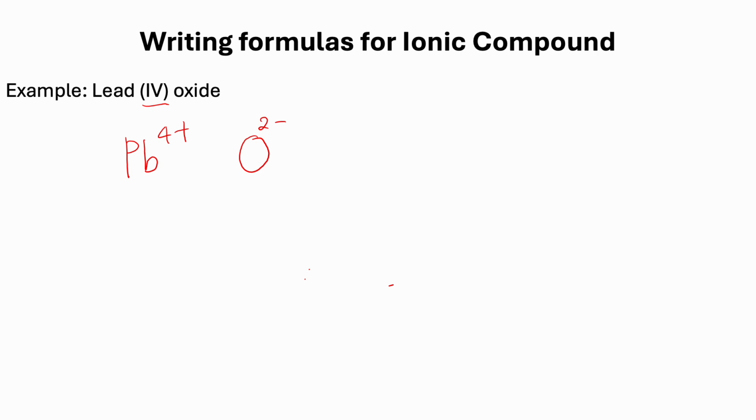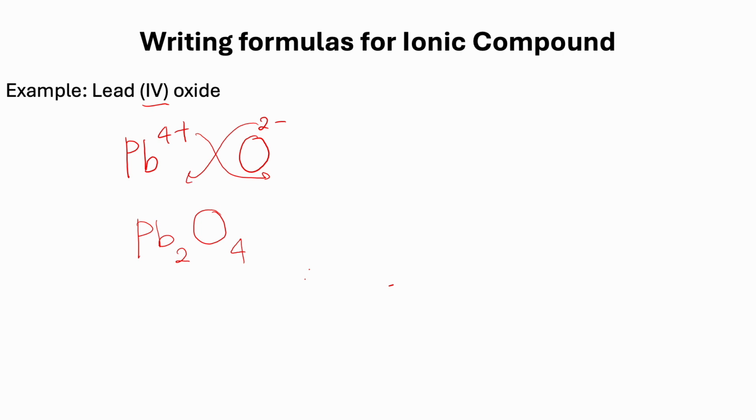When you are balancing out charges, there are 4 positive charges and 2 negative charges to balance out. If you write the formula as we described at the very beginning by taking the charges as your subscripts and switch them, so lead takes 2 as its subscript and oxygen takes 4 as its subscript. When you switch them like this, right?